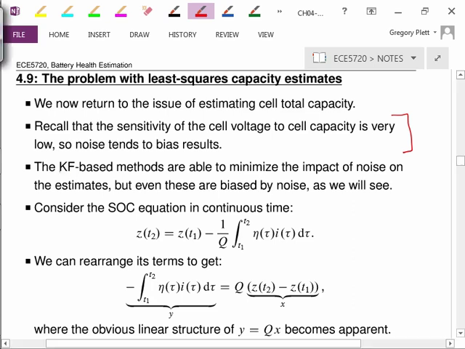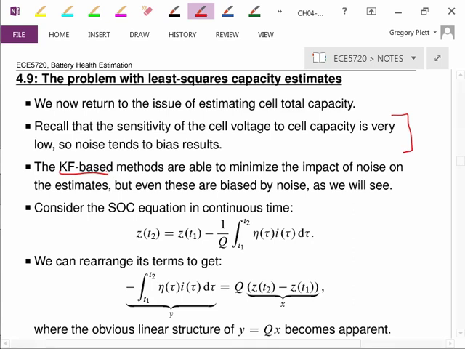Using something like a Kalman filter-based method does help some, because it attempts to minimize the impact of noise, essentially by averaging over many time steps to make its estimate. But it turns out that in the process of averaging over many time steps, it's introducing an offset into the solution, a DC bias into the solution.